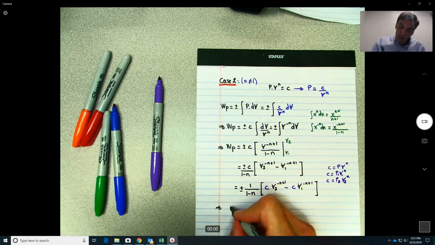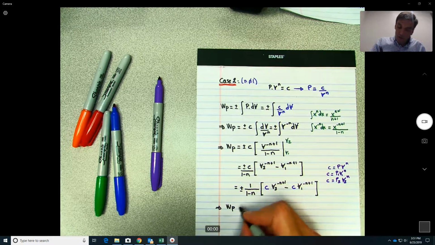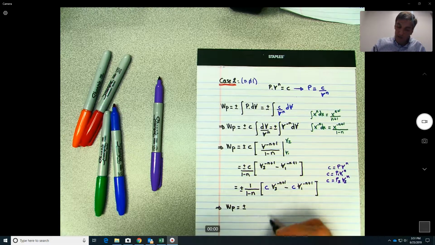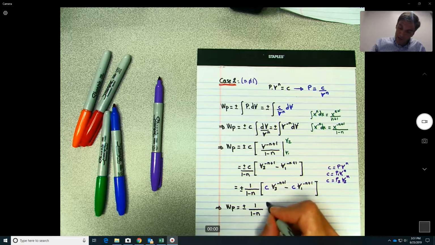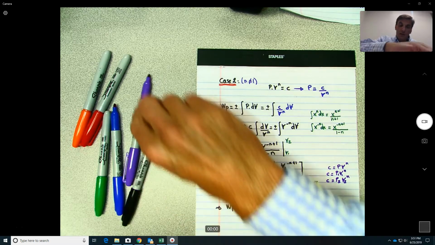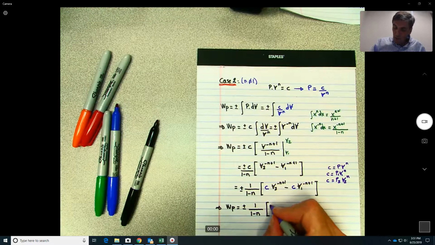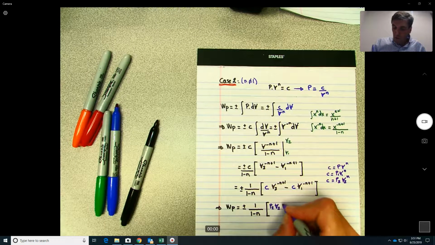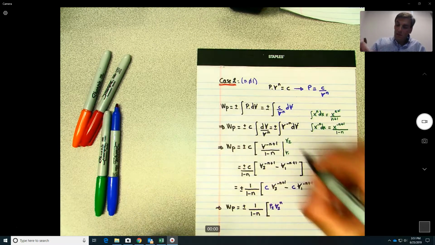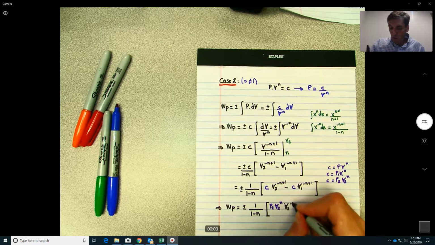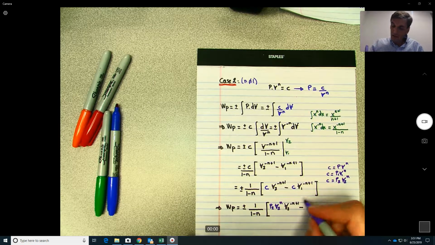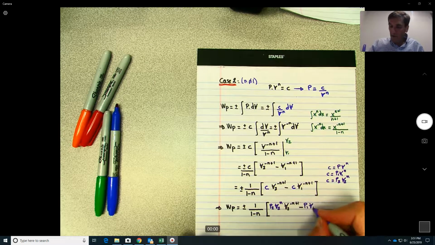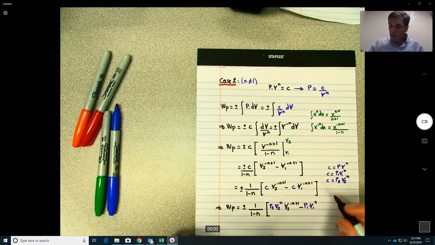So over here, we're going to have work done by the pressure equal to plus minus 1 over 1 minus n times P2 V2^n times V2^(-n+1) minus P1 V1^n V1^(-n+1).